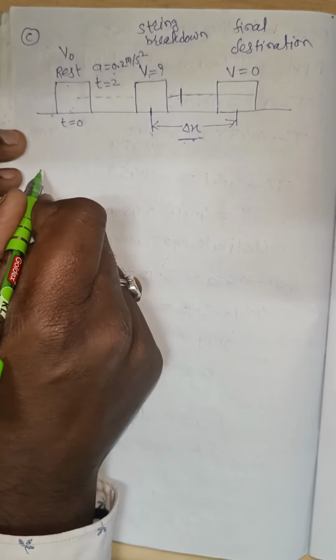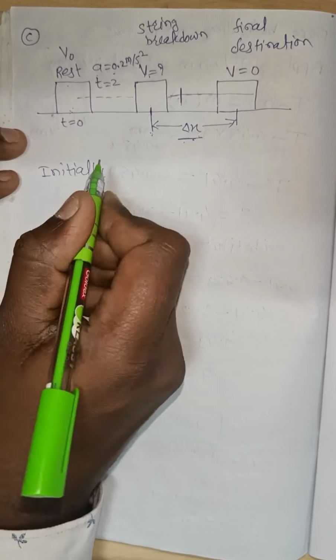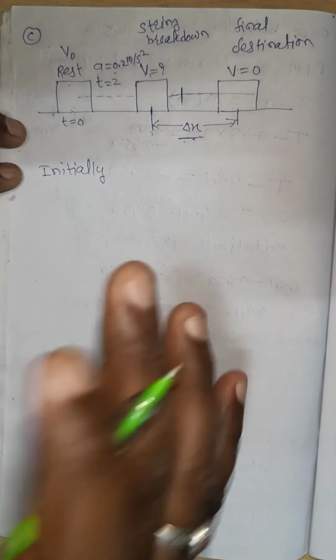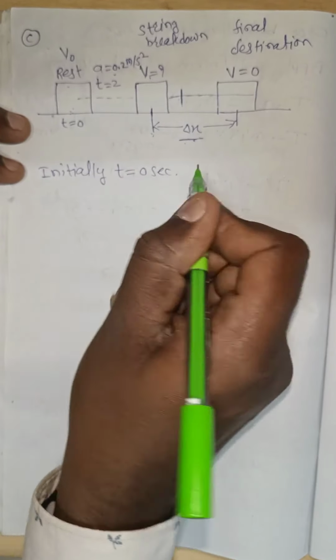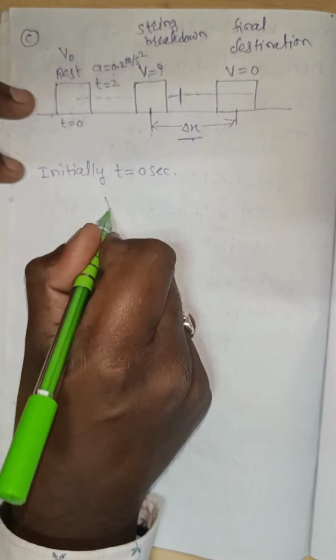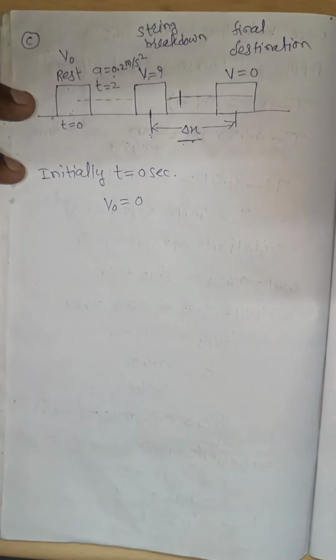Now initially, when the experiment starts, when t is equal to 0 seconds, the velocity of the block, that is v0, is equal to 0.